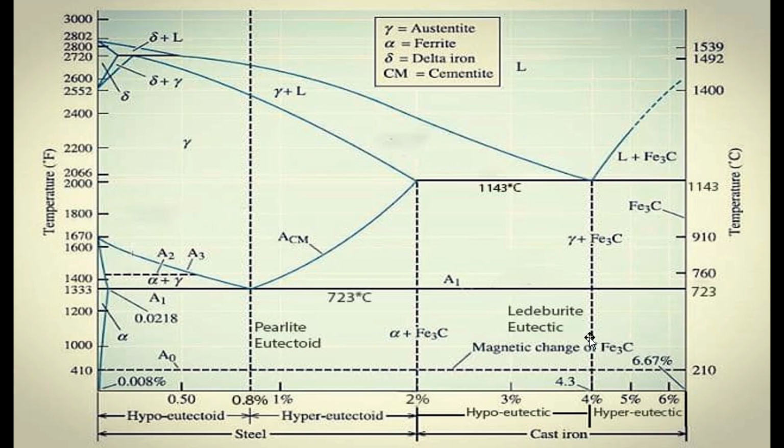For ledeburite, I will take the arm opposite to ledeburite touching cementite. So 6.67 minus 5, that is the branch opposite to ledeburite and touching cementite, divided by the total distance 6.67 minus 4.3.